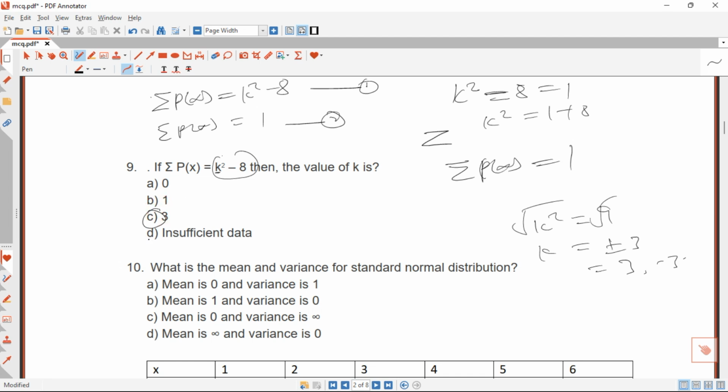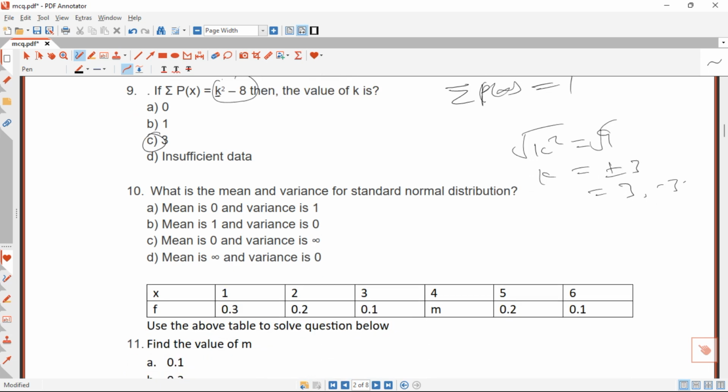So that will be our answer for that. And then we are asking what is the mean and variance for the standard normal distribution? We know that our PDF for normal distribution is 1 over square root of 2 pi sigma squared times e raised to the power negative half times x minus mu divided by sigma, all squared. So this is our PDF.